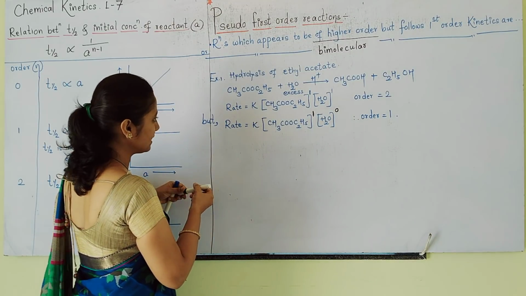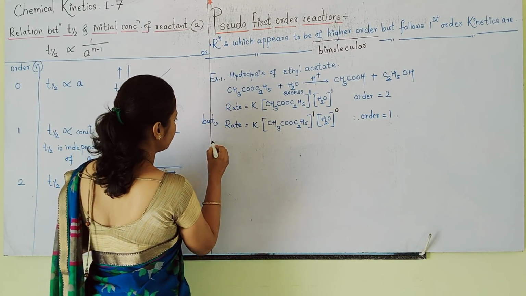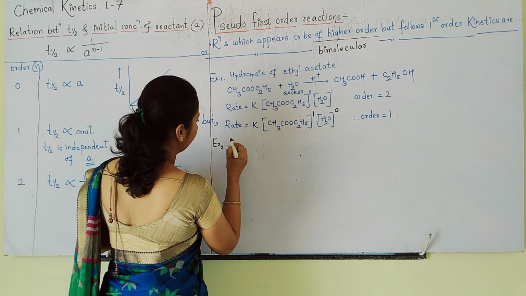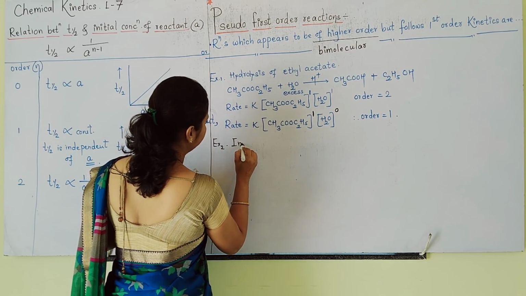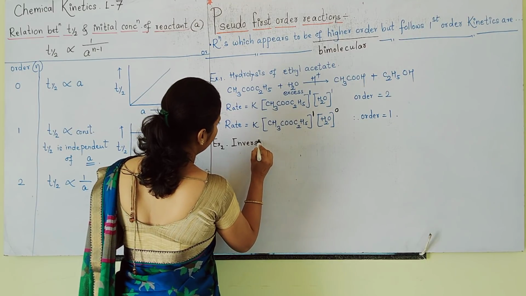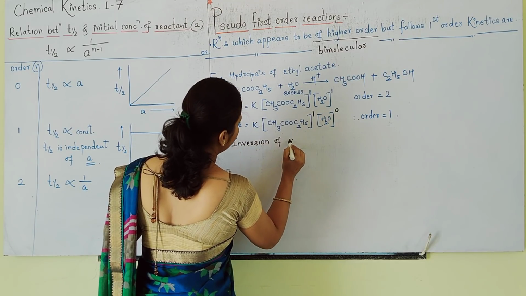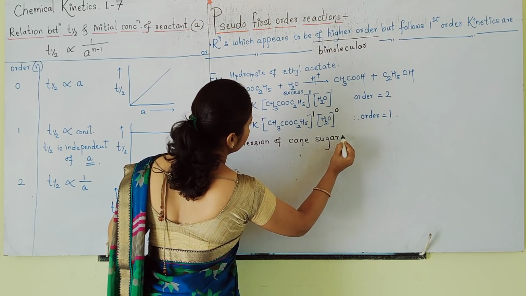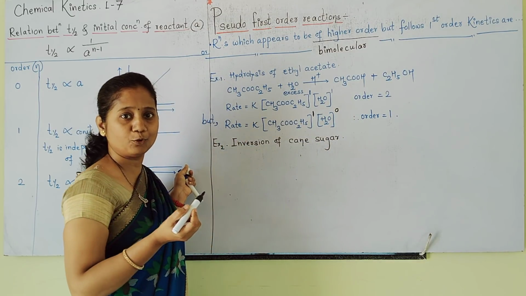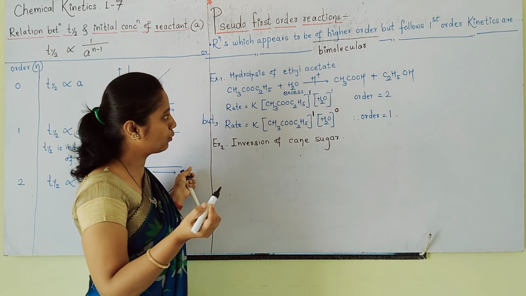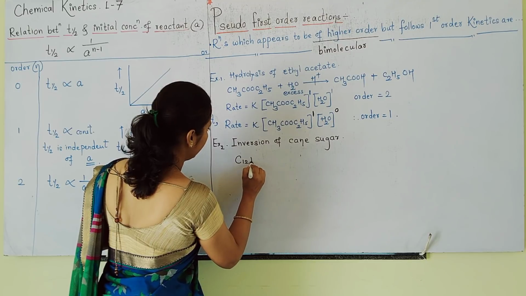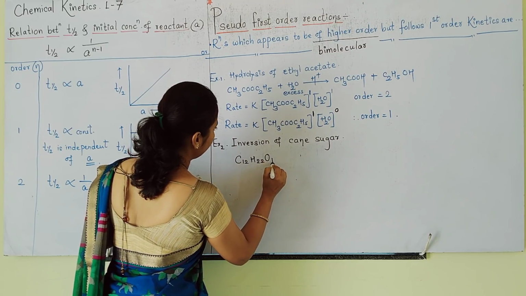Let us take one more example to understand this point. This was the first example. I will write one more example: inversion of cane sugar. Everybody knows that cane sugar is the sugar which we use in our home, that is sucrose. Sucrose has the formula C12H22O11.